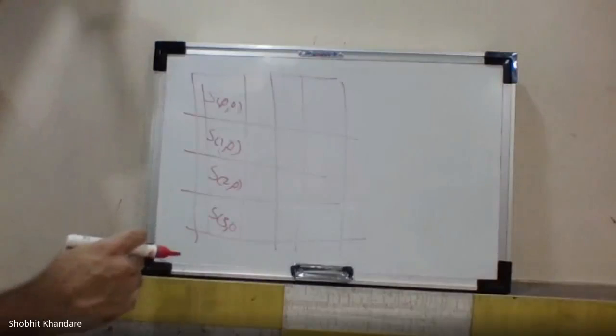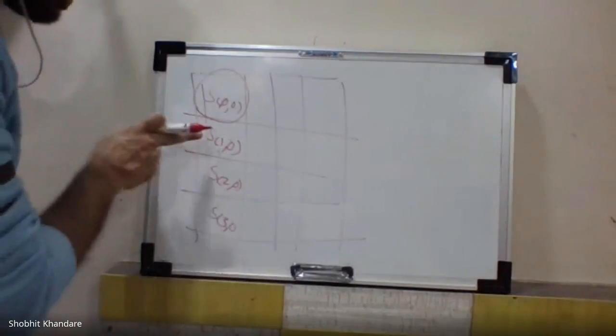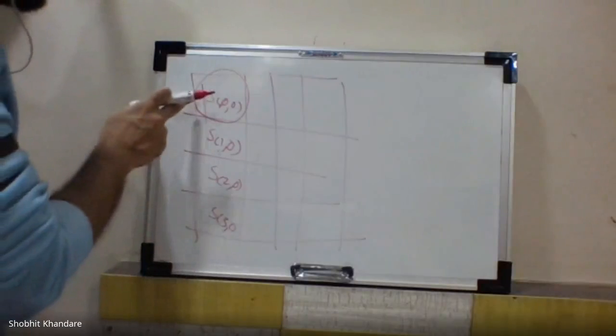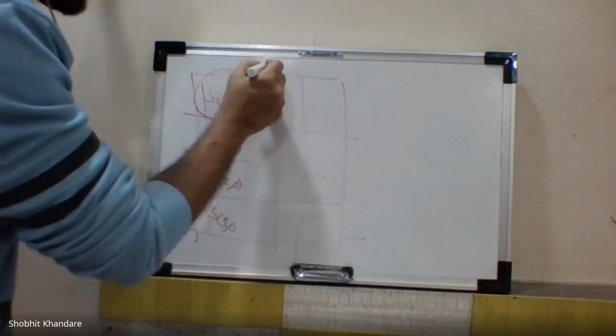I am saying this as first byte, second byte, third byte, fourth byte. You know that 1 byte consists of 8 bits.